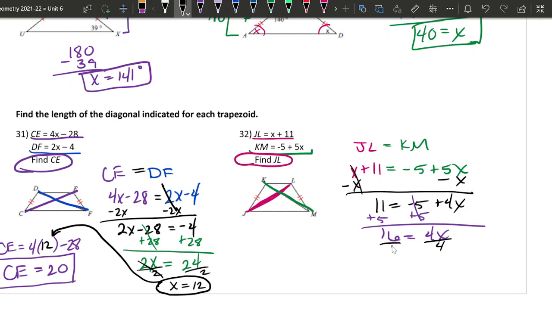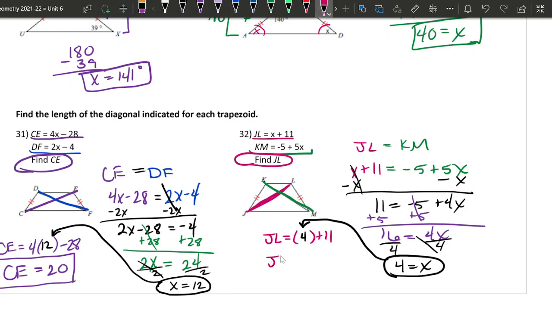Divided by 4, 4 equals x. But don't stop with x is 4 because it says to find JL. And JL equals x plus 11, so blank plus 11. And the blank is going to be filled in with the value of x, which we already decided was 4. So JL equals 15, and KM also equals 15.